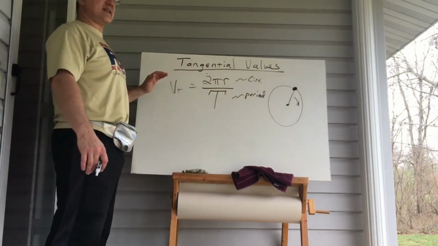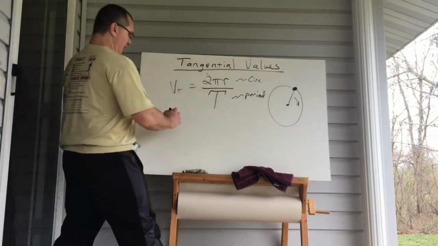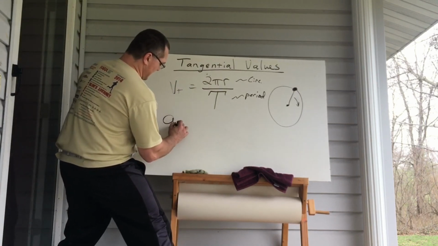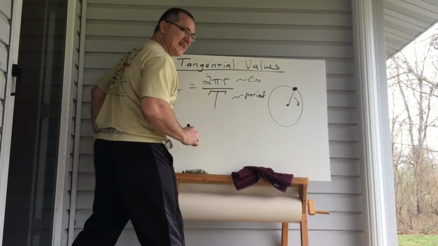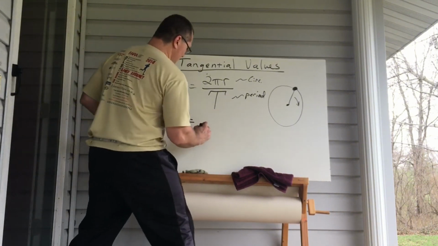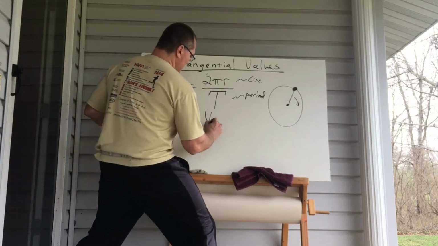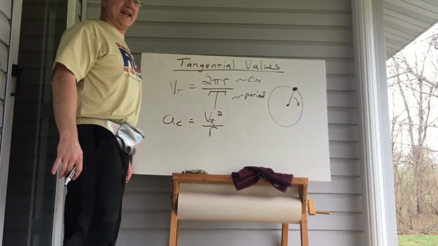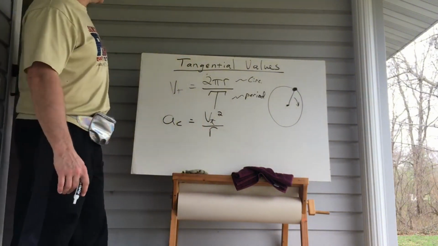So that's how you get the tangential velocity, and then your tangential acceleration, right? We should say the centripetal acceleration is going to be your tangential velocity squared divided by the radius of the circle itself.